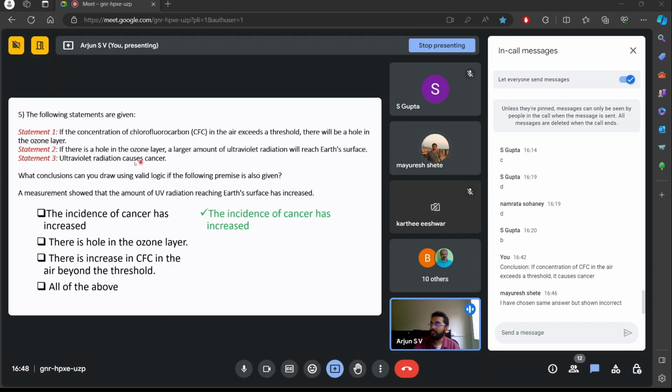UV causes cancer, UV is there, so cancer can also increase. The others are trying to give modus tollens, which will not be applicable, because it is not giving not B, it is giving B. The incidence of cancer has increased and there is an increase in CFC in the air beyond the threshold.